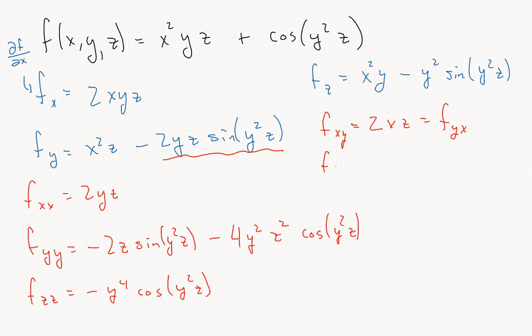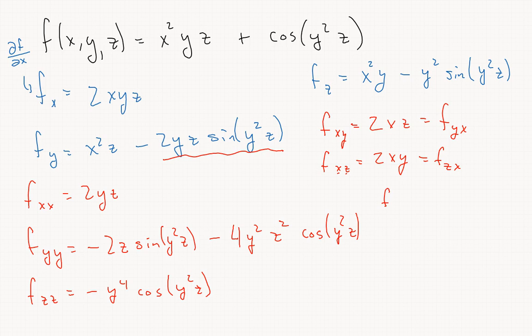Then fxz, so this is with respect to z first and then with respect to x, that'll give 2xy. And again, we see that we get the same thing if we did with respect to x first and then with respect to z.